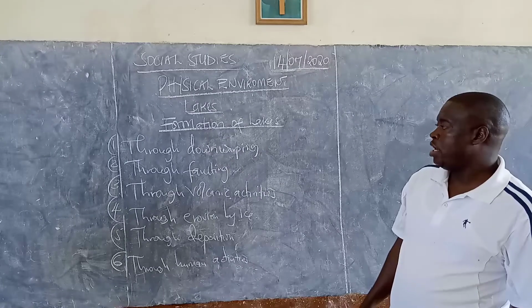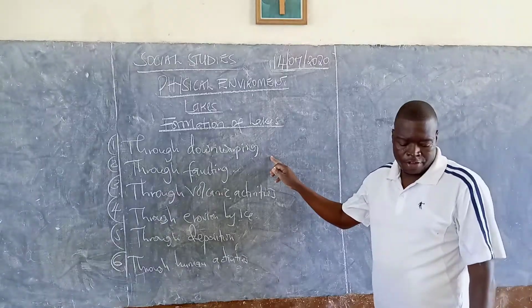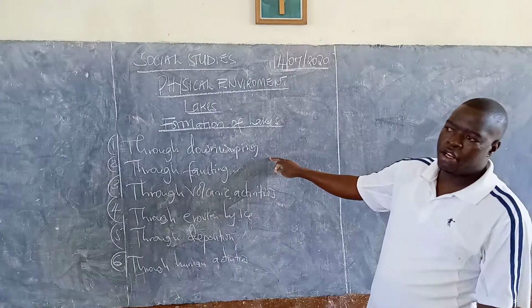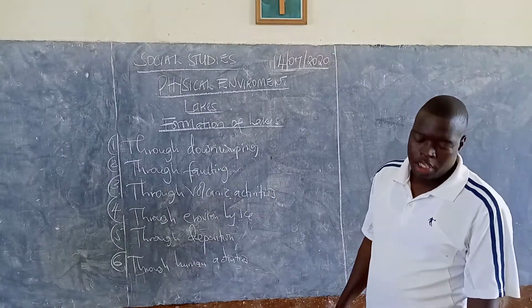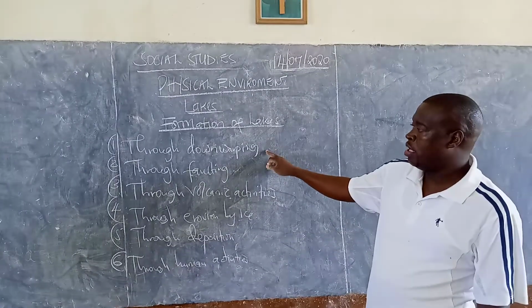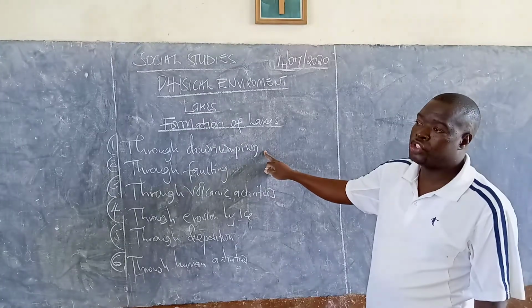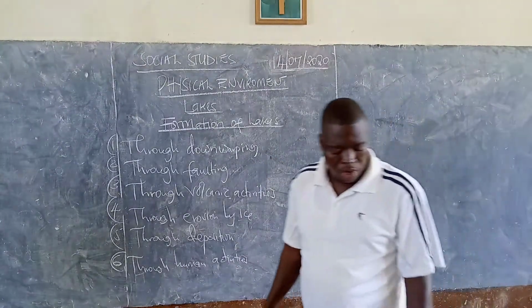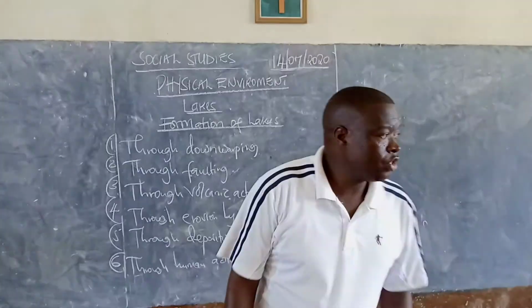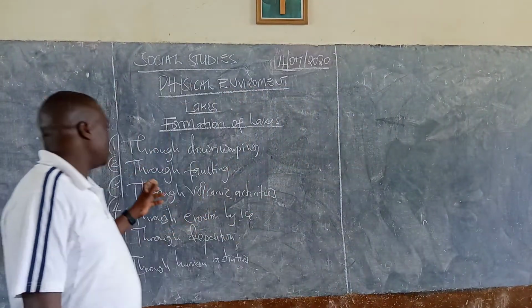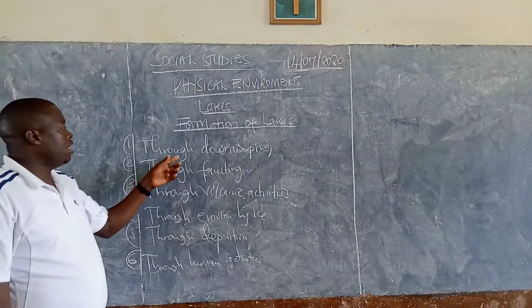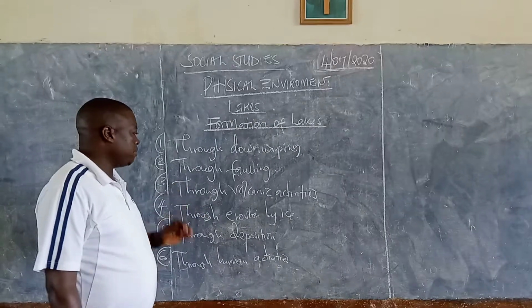For example, our very own Lake Victoria was formed under this method. We also have Lake Chad, Bangweulu, Lake Kyoga. Those are examples of lakes formed under downwarping.